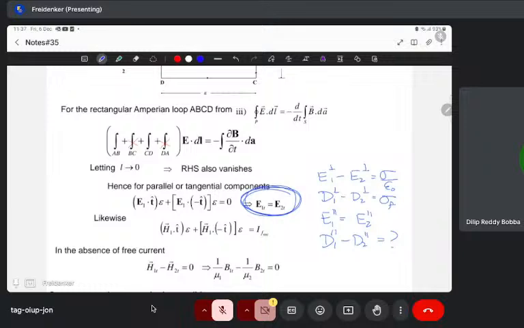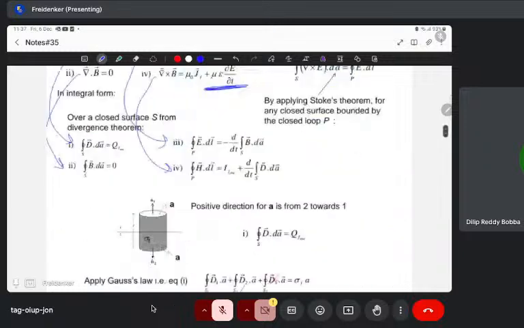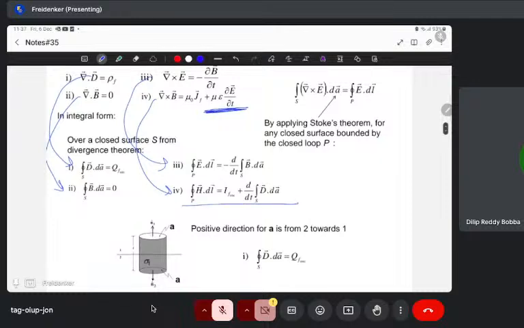Where is my equation? This is my equation, no? This is nothing but Q free, or not Q free, but Q free enclosed.